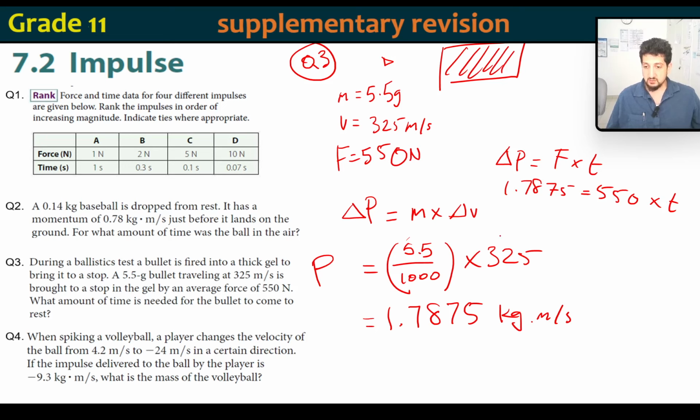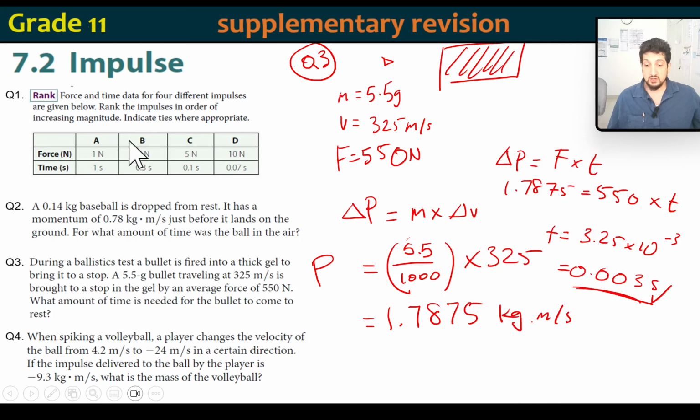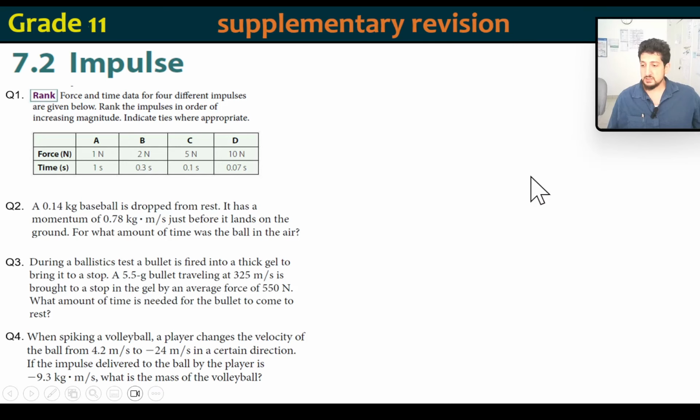The time is therefore 3.25 times 10 to the power of negative 3 if you like scientific notation, or if you don't like scientific notation, 0.003 seconds. Okay, thereabouts. That's the correct answer if you want to check that. I'm going to clear that now because we really have to keep moving. You can always pause the video and go back. Okay, let's move on. Erase everything.